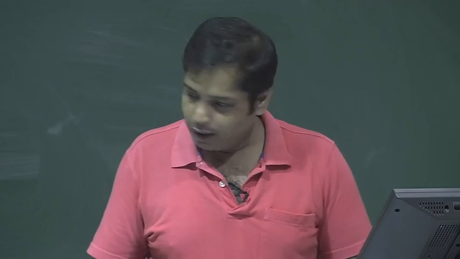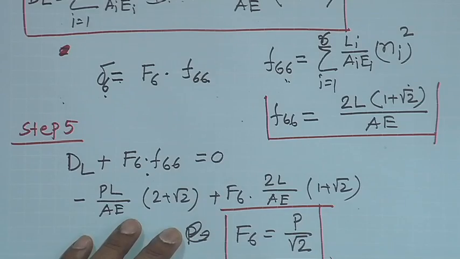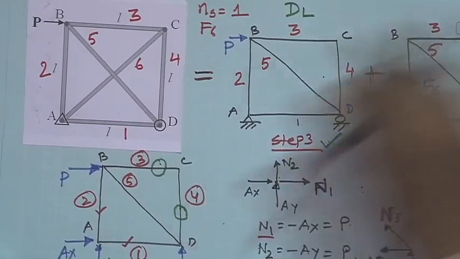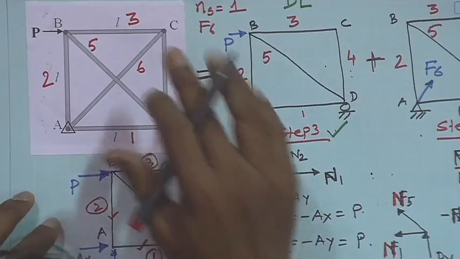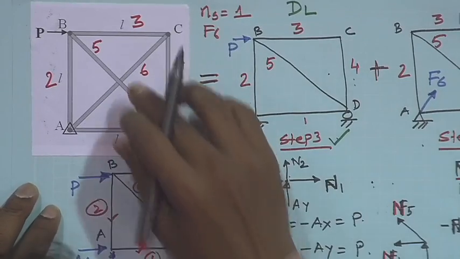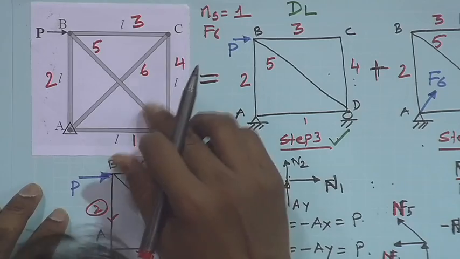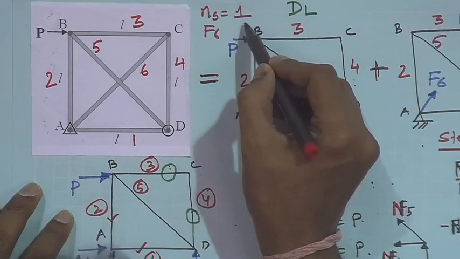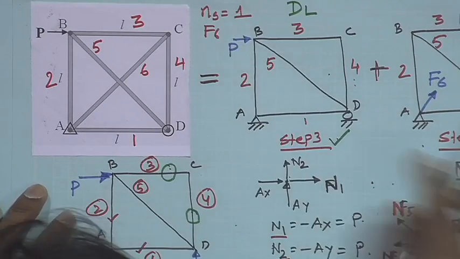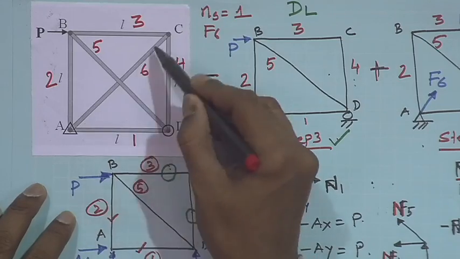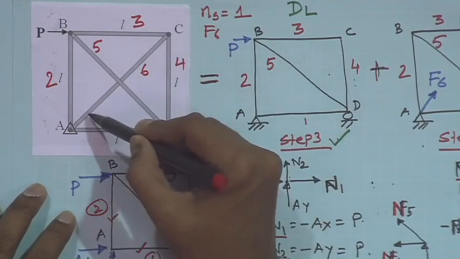Now, you see, we go back to the original structure. We found that it was an externally indeterminate structure, the degree of static indeterminacy is 1, and we chose the member force in AC as the redundant.